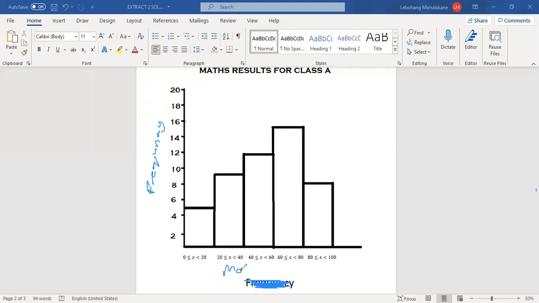So the ones that got between 0 and 20, they are 5.